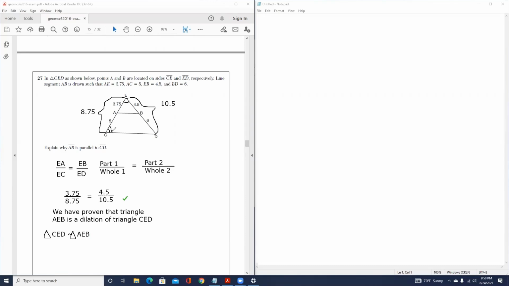Because of this, you can also extend this, saying that the other sets of angles are congruent.